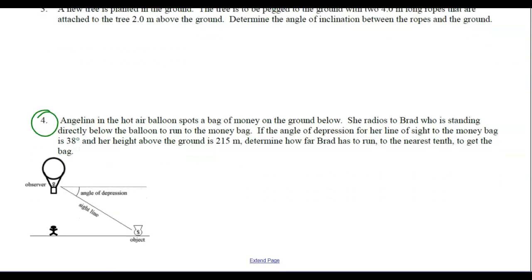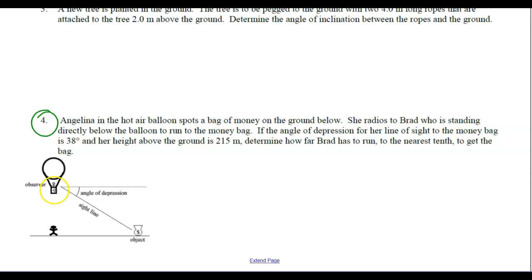Yeah. In any case, so Angelina in the hot air balloon spots a bag of money on the ground below. Okay, you can see there's a diagram. And so she radios to Brad, who is standing directly underneath the balloon, so vertically underneath.